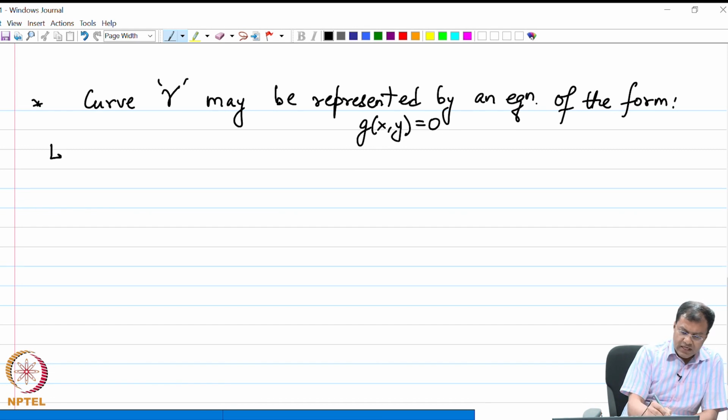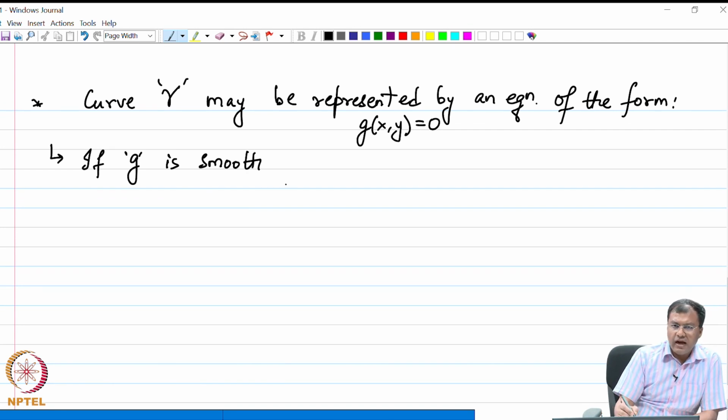So, which means that if g is smooth, when I say smooth, then it means that the derivative exists and they are non-zero, right. So, the gradient of g is non-zero, that is what we are assuming.